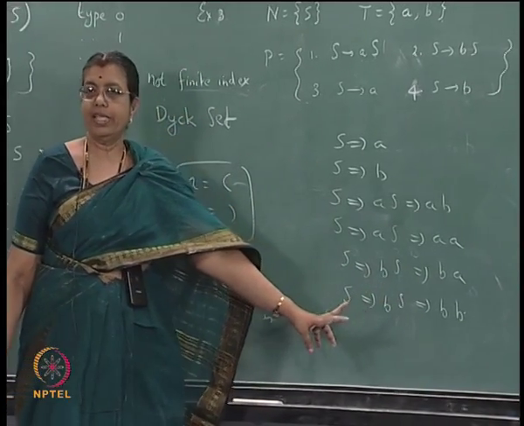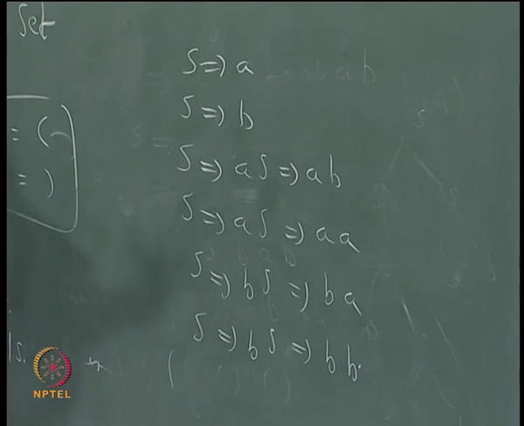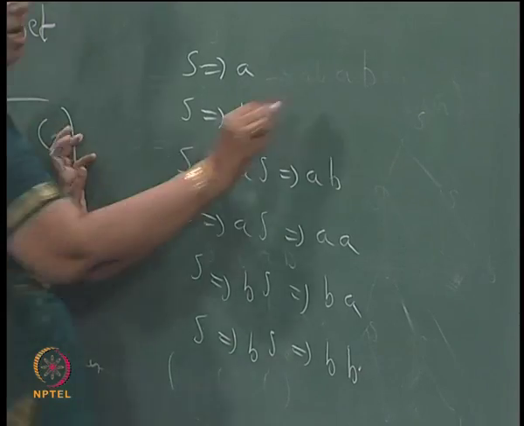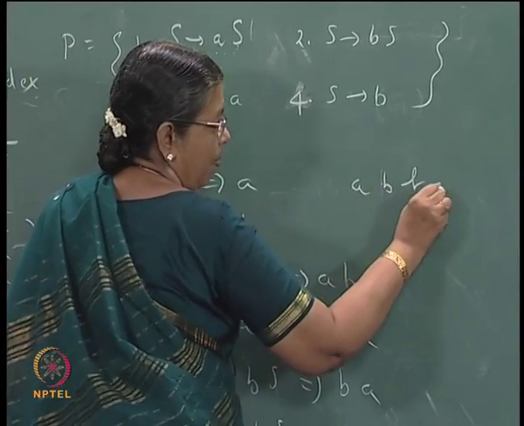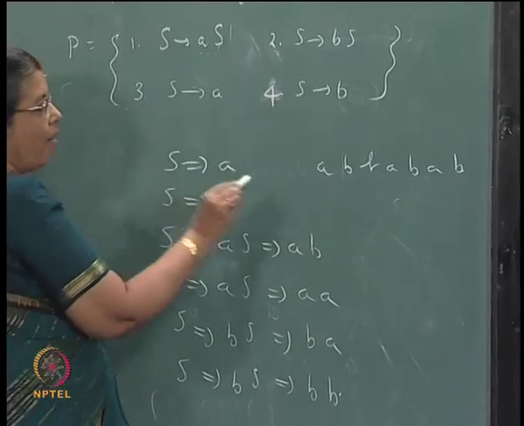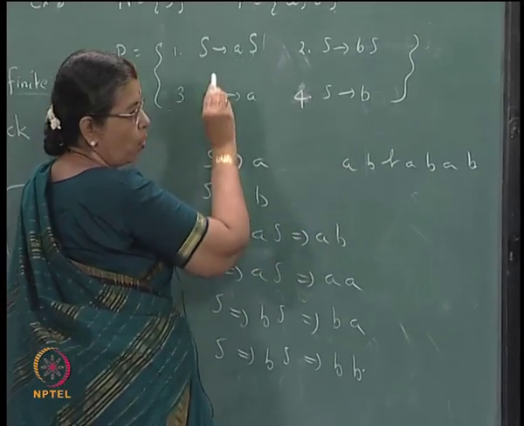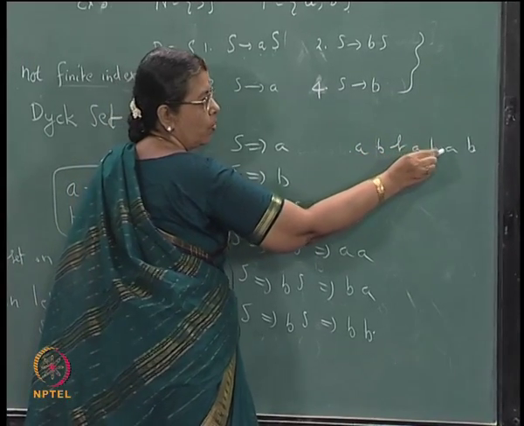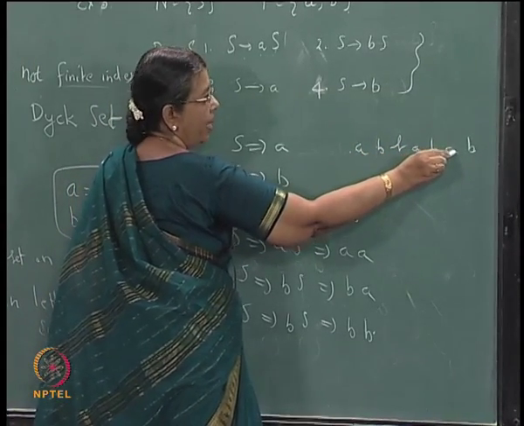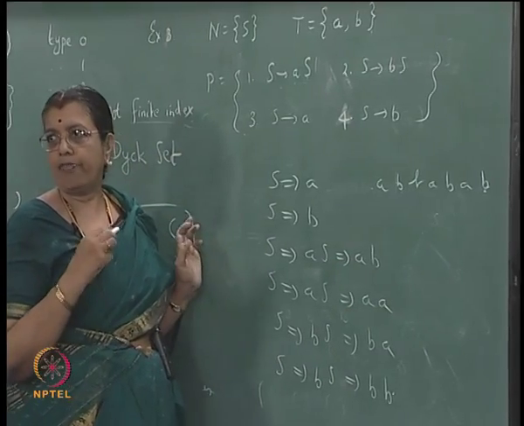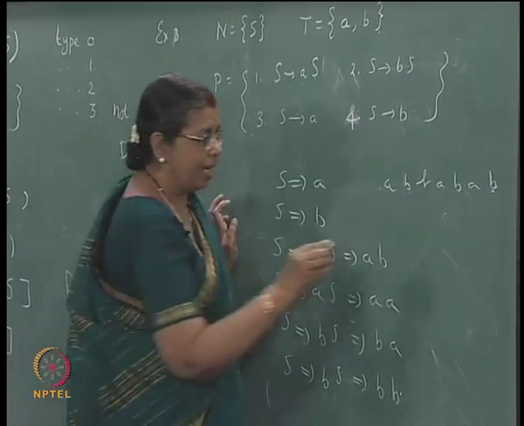In fact, you can see that any string of A's and B's can be generated by this grammar, any sequence. Suppose I have something like A, B, B, A, B, A, B, something like that. Whenever I want to generate A, I use rule 1. Then rule 2, rule 2, rule 1, rule 2, rule 1, then ending up I have to use rule 4 for B, rule 3 for A. The derivation tree will be like this.